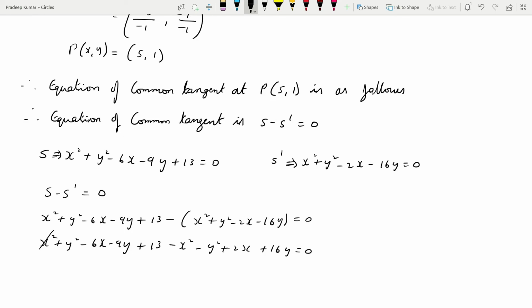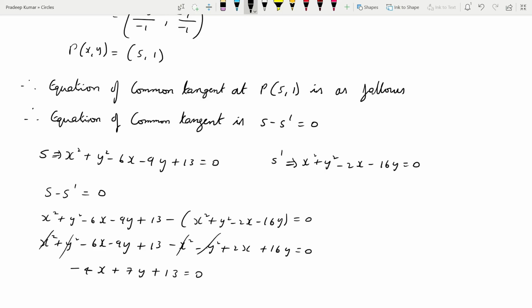So x squared minus x squared and y squared minus y squared get cancelled. I'll write the remaining elements: minus 6x plus 2x gives minus 4x. For the y terms, minus 9y plus 16y gives plus 7y, and only the constant 13 remains.